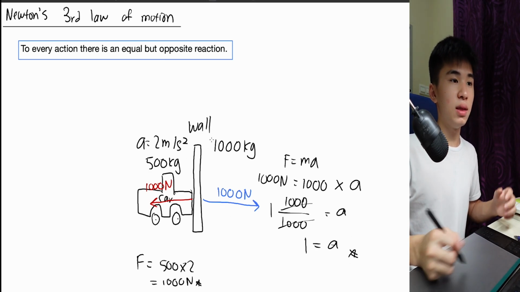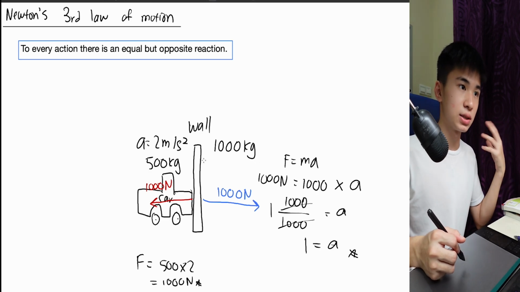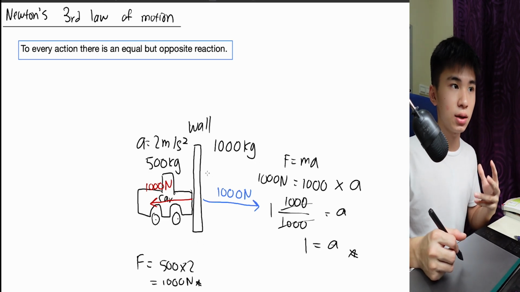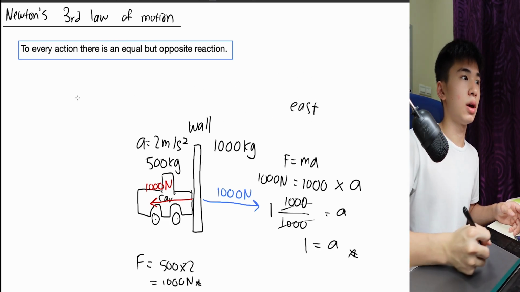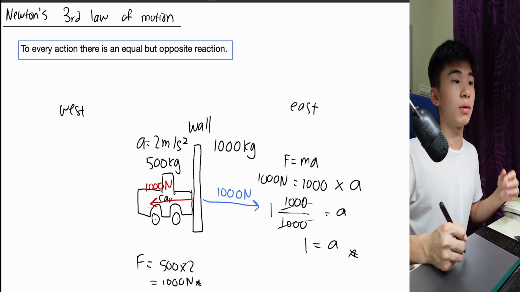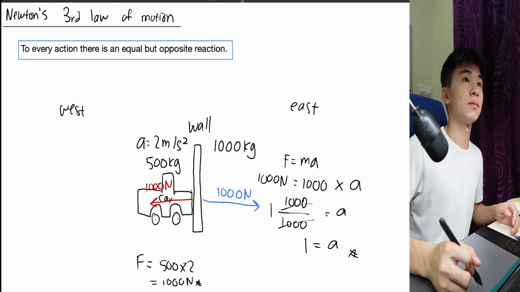So in this case, you will not notice the wall moving, but actually it is moving. Theoretically, this wall is accelerating to our east direction, and this will be our west direction. Now let's find the acceleration of this car when it hits the wall and bounces back.